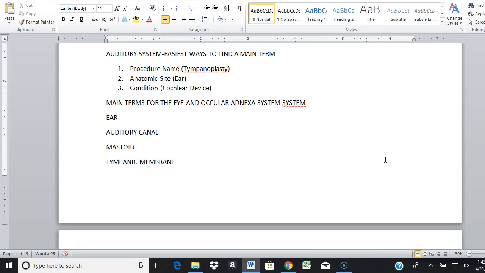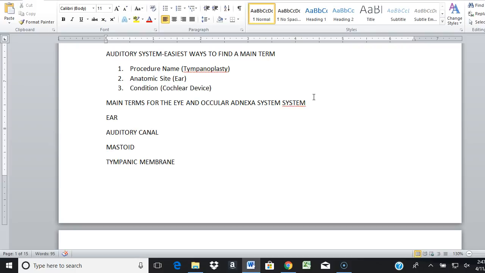The middle ear starts at the eardrum, also known as the tympanic membrane, and goes until the oval window. The middle ear includes the three smallest bones of our body. So again, like the eye, we can separate out the external ear from the middle ear.